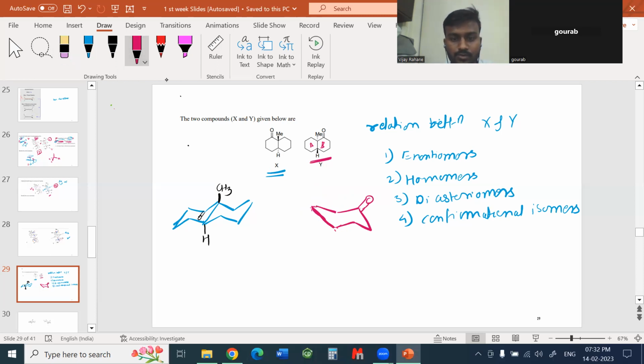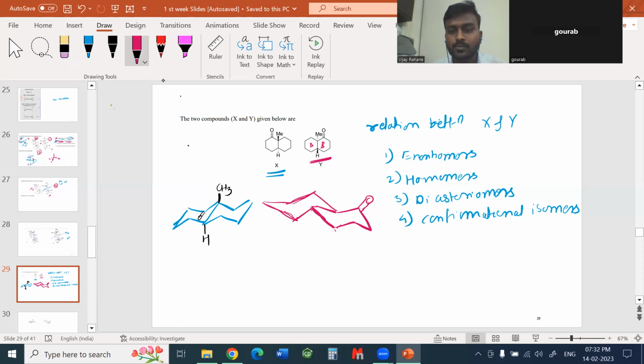Both rings should be equivalent, right, like this one. So we need to consider the relation between these two molecules.